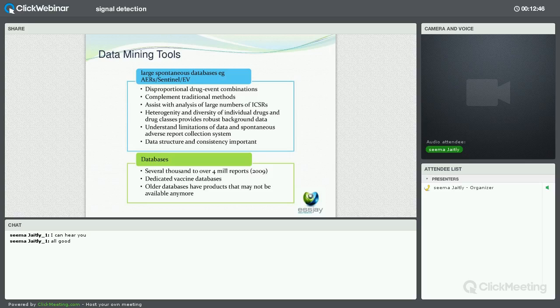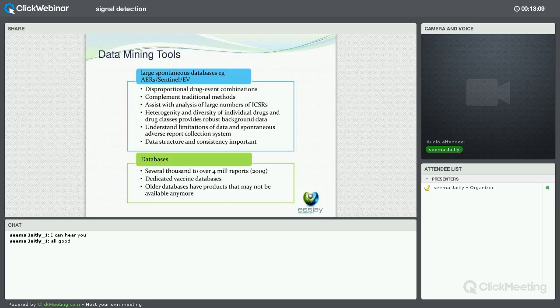Is what you're seeing with your drug out of sync, disproportional to what you're seeing with all of your other products as a whole? You do need to understand the limitations of your data, where that information has come from, the structure, how it's been put into the database, and exactly what is captured on that database.